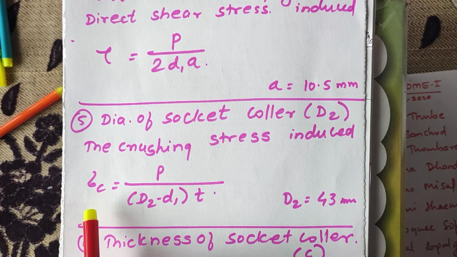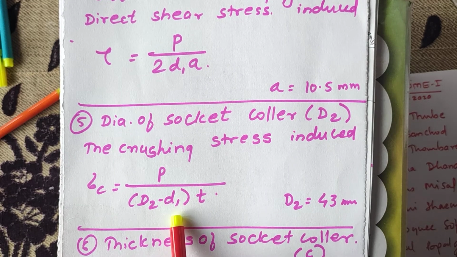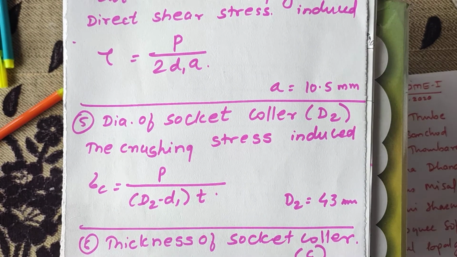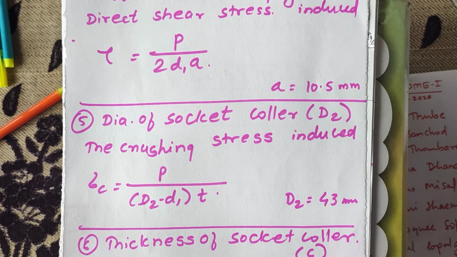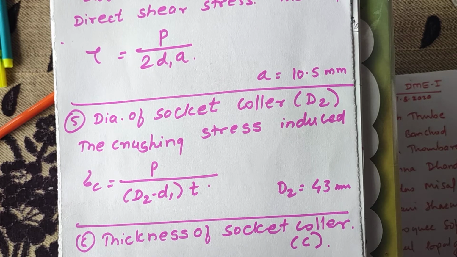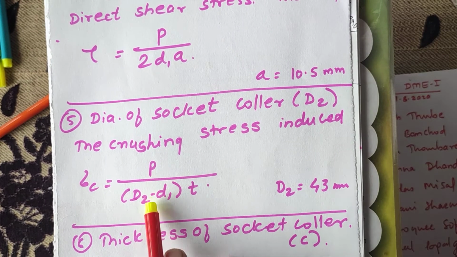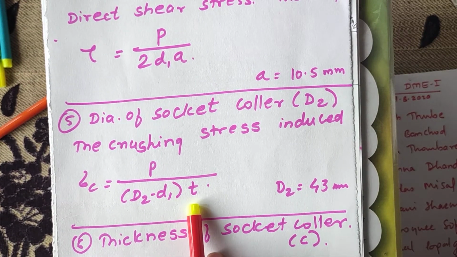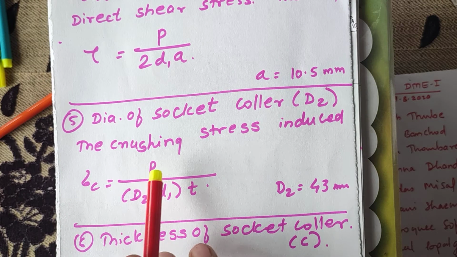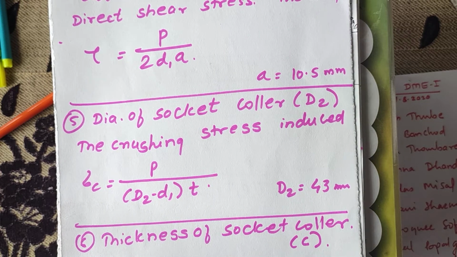The crushing stress sigma C equal to P upon capital D2 minus small d1 into T. If you put the value of sigma C, P, small d1 and T, you will get D2, that is 43.